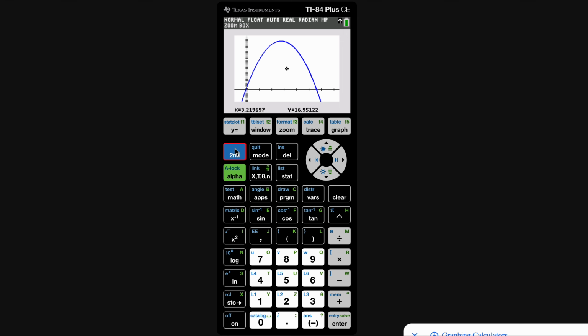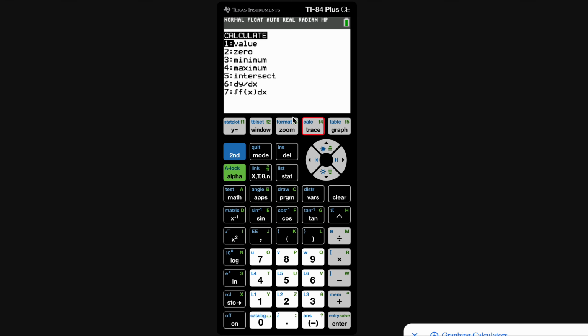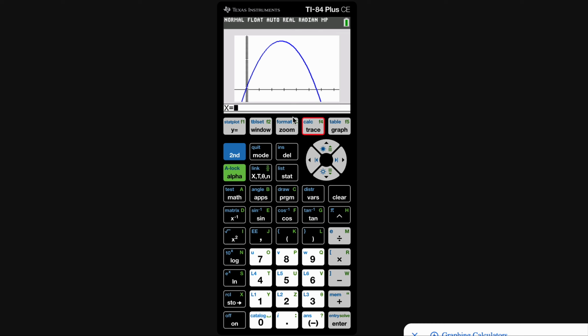So what I'm going to do is I'm going to press second trace, and I'm going to do value. So remember, mostly when we're launching projectiles, time is going to be on the x-axis, then height or some other variable is going to be on the y-axis. So we're inputting a x value, and our time is 1, so I'm going to put x equals 1.